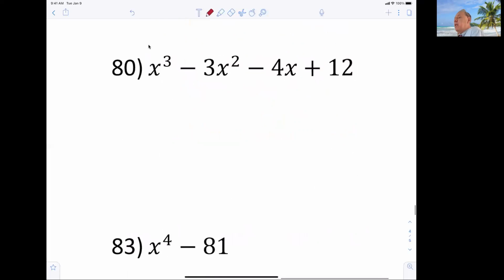All right, 80 is factoring by what? Yeah, we say factoring by grouping. So the first group we factor out of what?